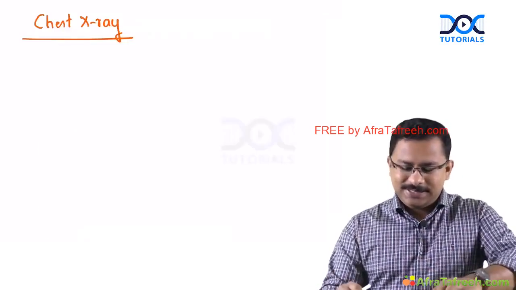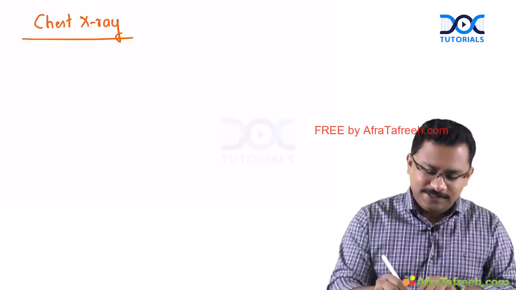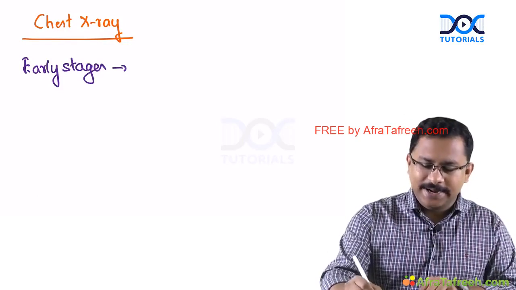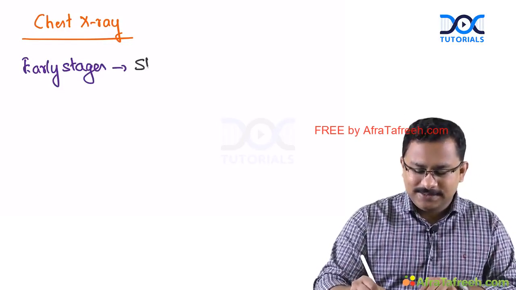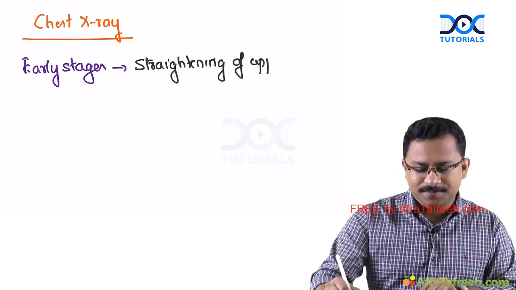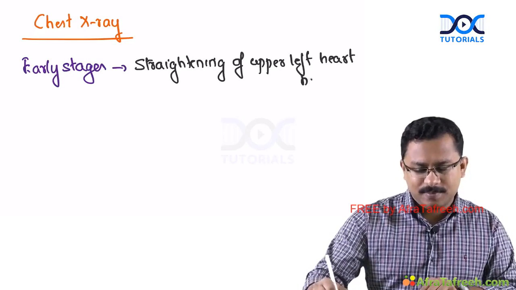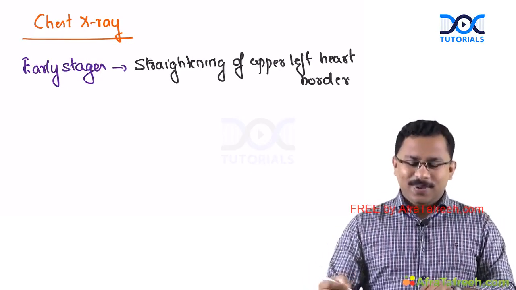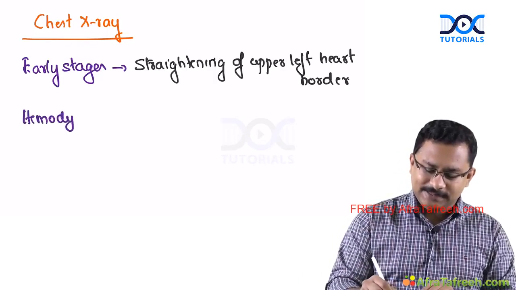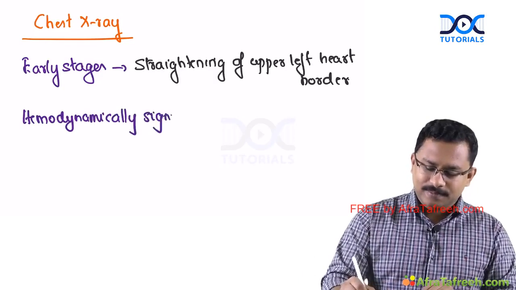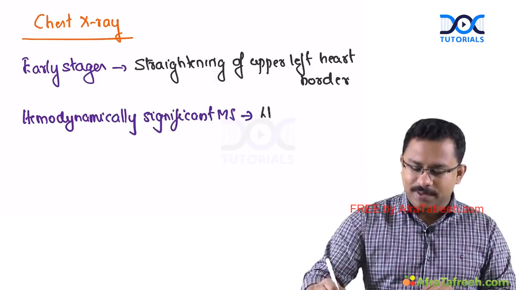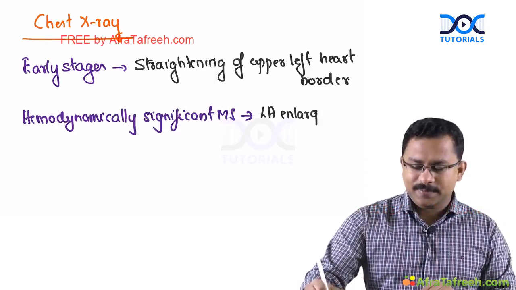So chest X-ray in case of mitral stenosis in the early stages. What is the radiological finding that develops? Straightening of the upper left heart border. And once the patient goes on to develop hemodynamically significant MS, you will have more prominent LA enlargement.